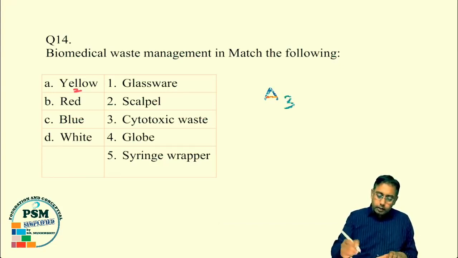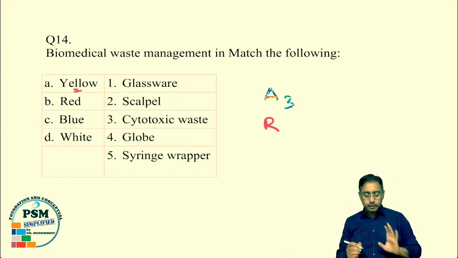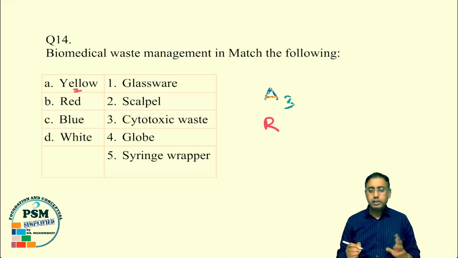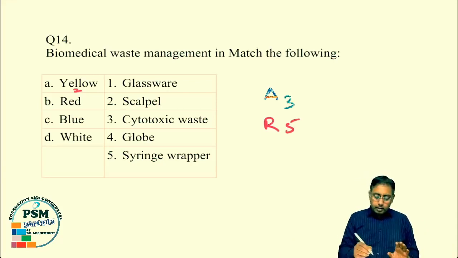Red category, you would like to mark with what? Red category is all rubber, tube, and plastic. So glassware, no. Scalpel, no. Cytotoxic, no. Glove, maybe. Syringe wrapper, glove, I don't know what they were talking about. So syringe wrapper, definitely red goes with the 5. So this goes to the red category, and the cytotoxic goes to the yellow category.